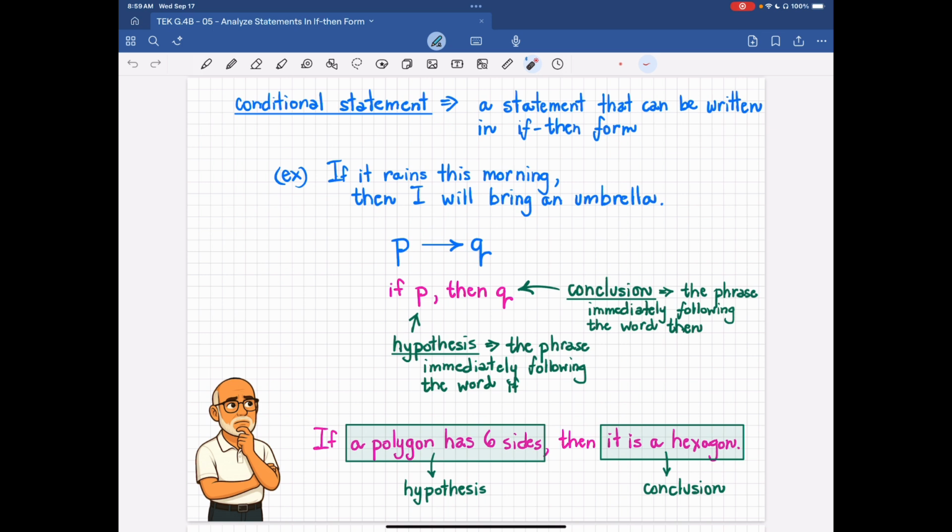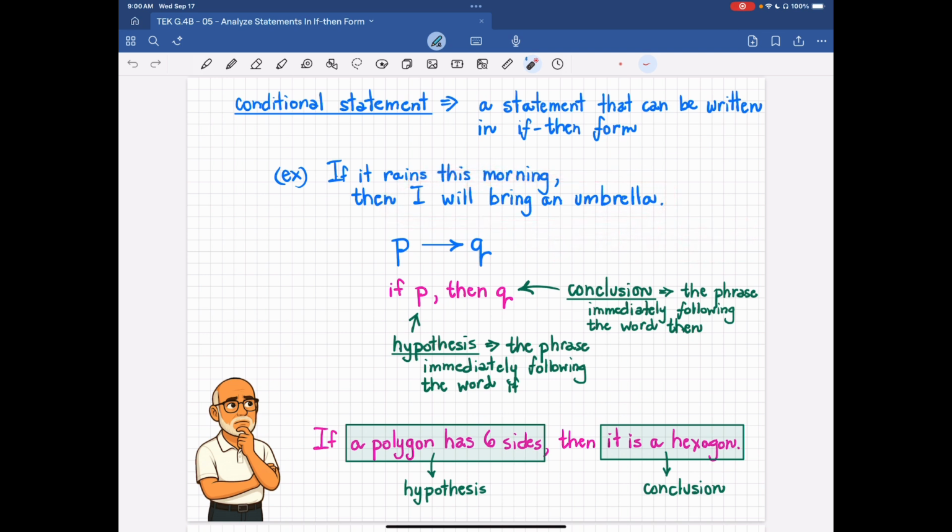So our conclusion would be, I will bring an umbrella. So for this particular conditional statement, we have an if-then. The words right after if form our hypothesis. The words immediately following then form our conclusion.